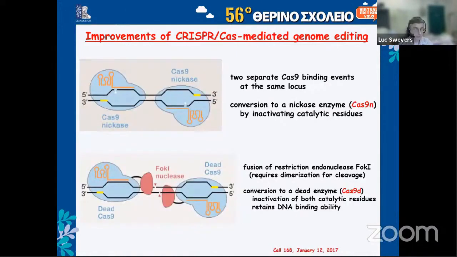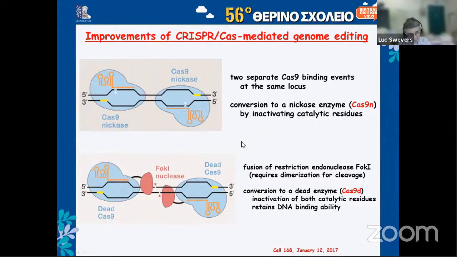A much greater improvement is to not work with one Cas9 system, but with two, which are recruited to the same locus in the DNA. One CRISPR system is recruited to the upper strand and causes a single-stranded break.